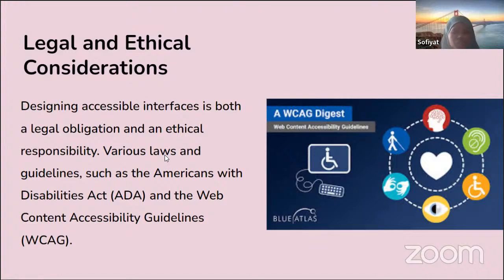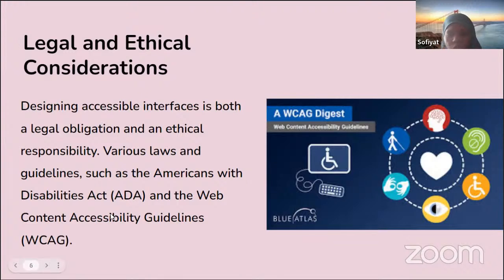There are some things that you need to know, especially when you are giving access to people, because you want them to be able to read your content and navigate truly with it. So there are some guidelines that you can follow, such as the Americans with Disabilities Act and the Web Content Accessibility Guidelines. With the Web Content Accessibility Guidelines, after you've done your design, you check for things like color contrast and your font size, whether it is accessible to a range of people.